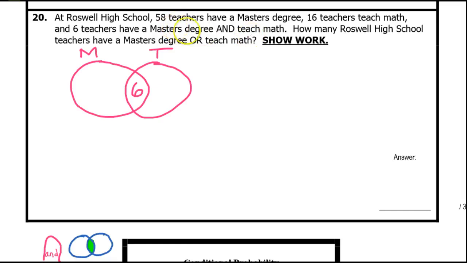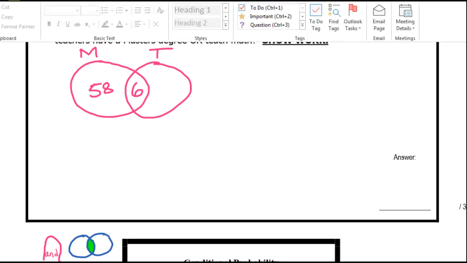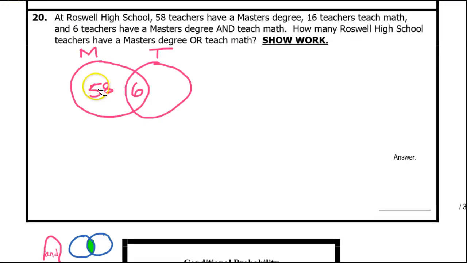Okay, so now backtracking. When they say 58 teachers have a master's degree, I'm not going to put 58 here, because now I really have 58 and 6. That's too many. So instead, I need to subtract 6 from the 58, and that's the number that goes in this part of the Venn diagram.